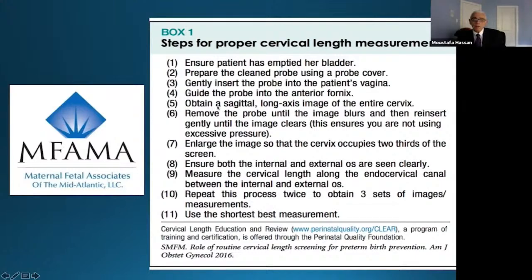These are the steps of the proper cervical length measurement. And I told you before, if we all speak the same language, if we all do the same technique, then it doesn't matter who does the cervical length. So in this case, observer variation will be much less.